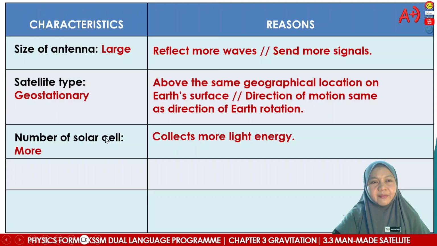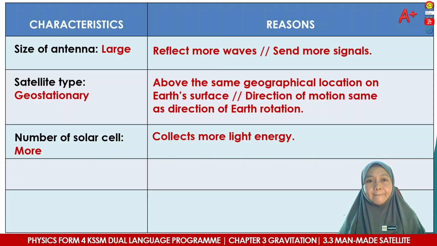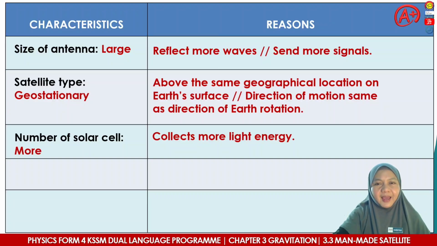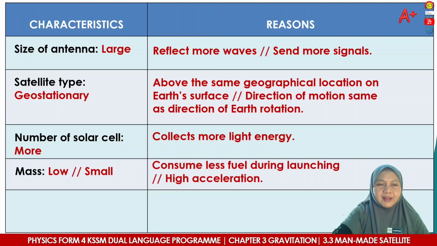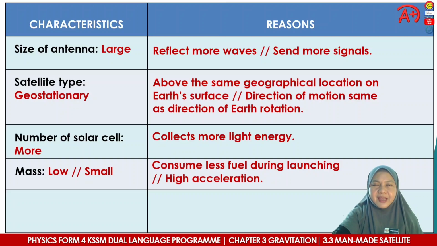And the third characteristic, the number of solar cells is better to be more, so that it will collect more light energy. And the fourth characteristic, the mass should be low or small. Remember, never write the number, 800 kg or 200, just write low or small mass.